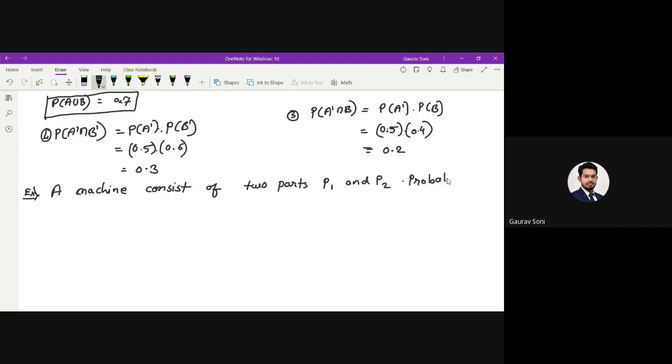Probability of defect in P1 is 0.08, and that in P2 is 0.05.